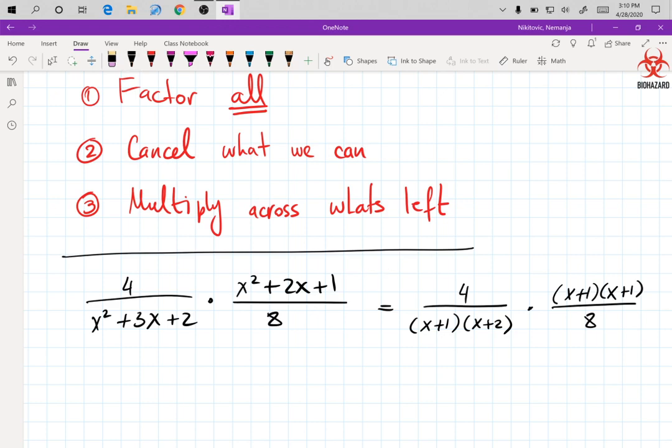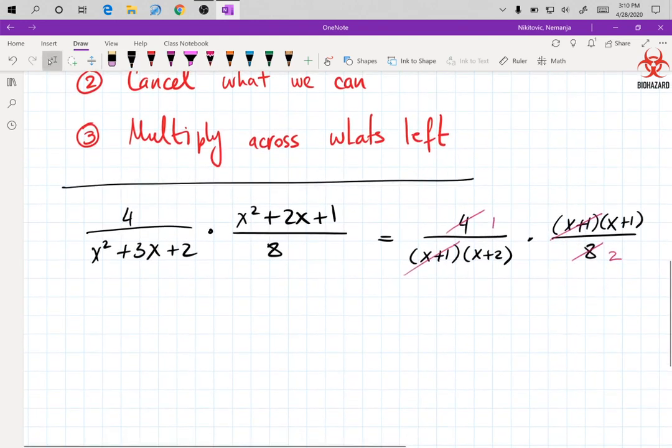As long as you are canceling 1 on the top and 1 on the bottom, you are doing it right. So these two cancel. 4 and 8 cancel by 4. We get 1 and 2. So what's the leftover? The leftover is x plus 1 divided by 2 times x plus 2.